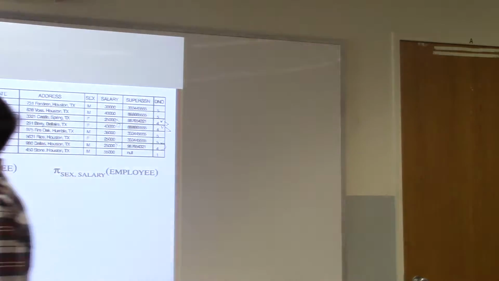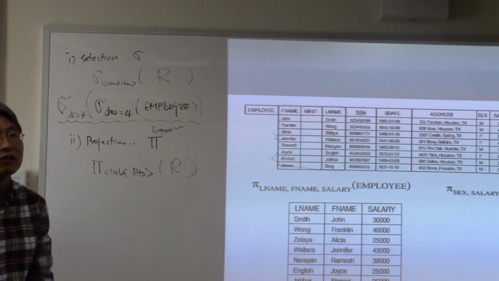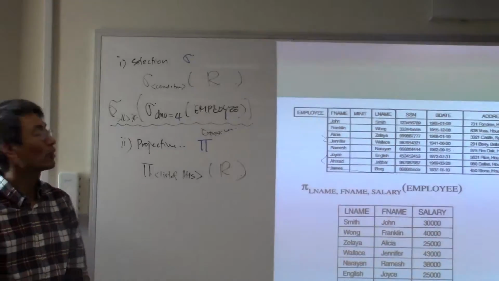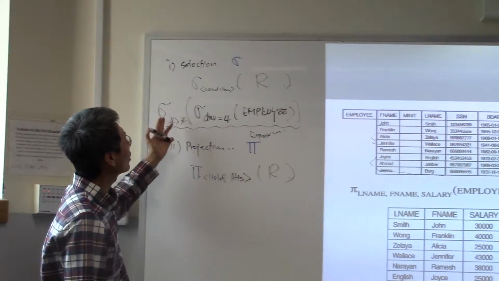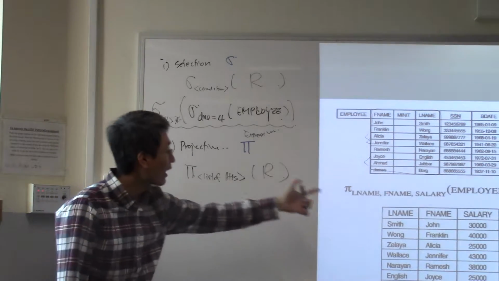Somebody may get the idea: can we combine selection and projection? Yes, definitely. For example, from here I don't need the whole attribute of employee. I need only the first name, last name, and salary.